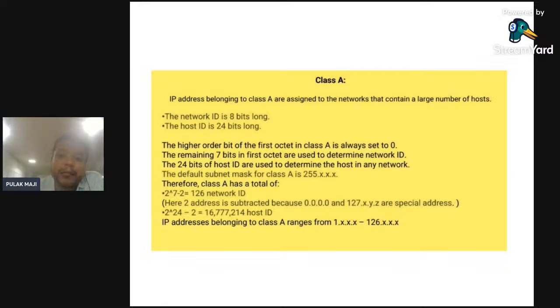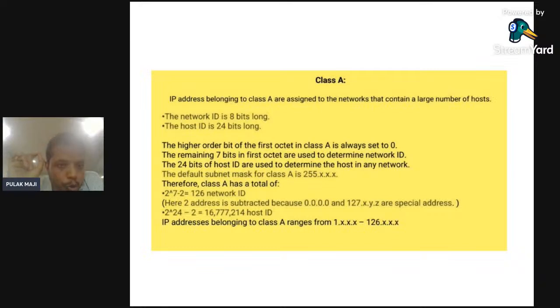If I take only 300 from that, you can think how many IP addresses are wasted. Moreover, I cannot take class C either. So that is the main problem of classful IP addressing: the wastage of IP addresses is too much.